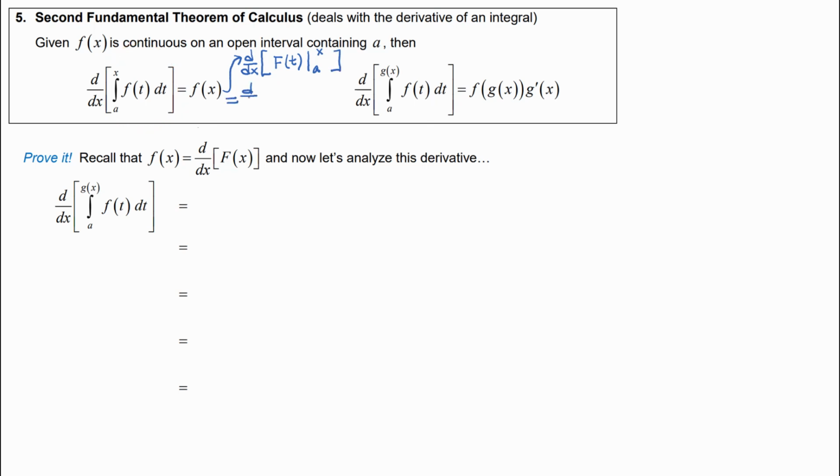But then d dx of, I haven't taken the derivative yet, but when you evaluate this integral using the fundamental theorem of calculus, I have to put in the upper limit and subtract the lower limit. So when I plug it in, I'm going to get capital F of x minus capital F of a. This is a function, and this is just a number since a is a constant and x is a variable. So now when you take the derivative of each, you're going to get little f of x. And the derivative of a constant is 0. So I get my f of x back.